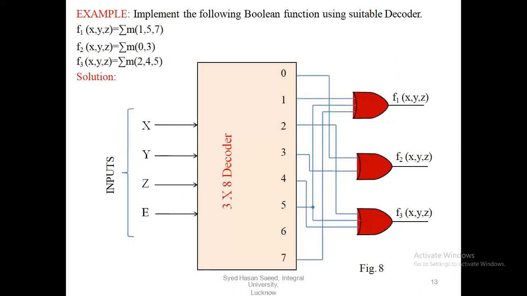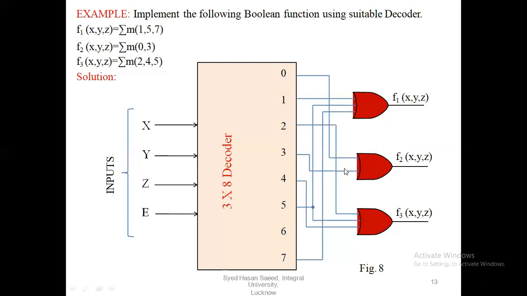So sigma summation of m 1, 5, 7 is F1. So for F1 you have to connect the outputs to the circuit: 3, 5, 7. How many inputs here? 3, 5, 7.